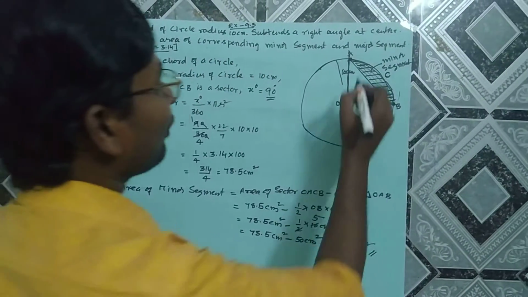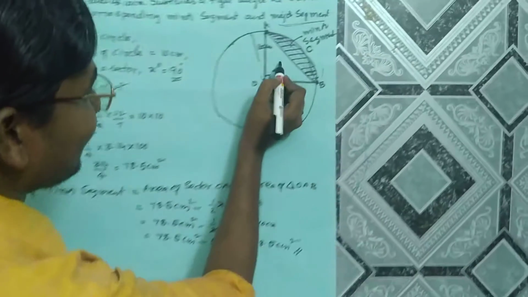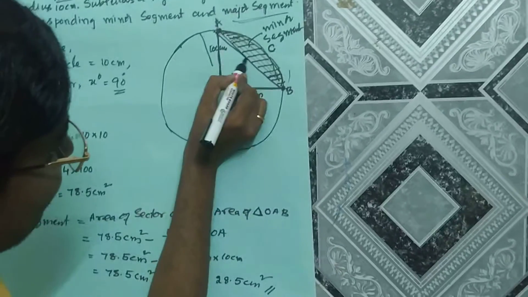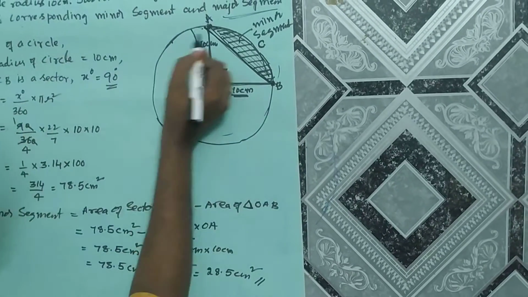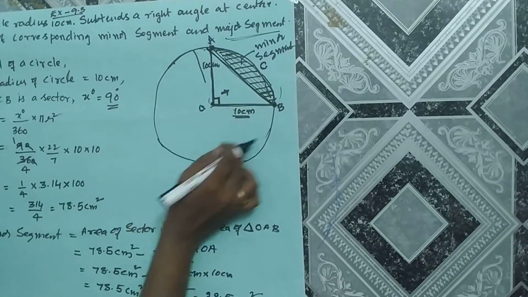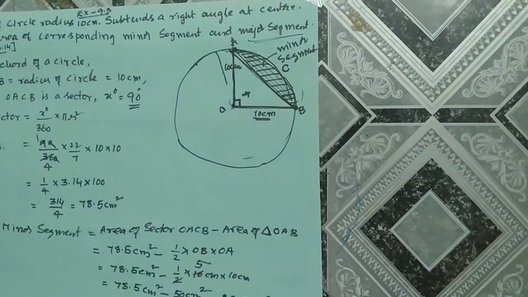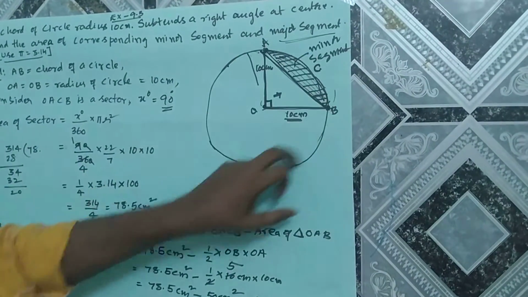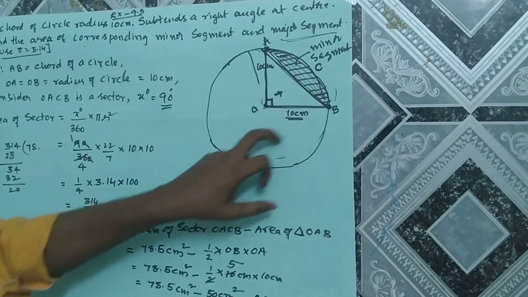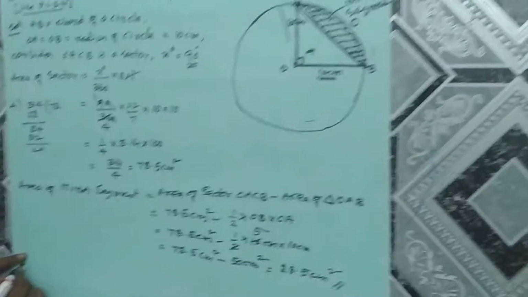Now again we have to find the area of the major segment. The major segment is the whole circle except this shaded region, this unshaded part. To find the unshaded part, consider the circle. Area of major segment equals area of circle minus area of minor segment.